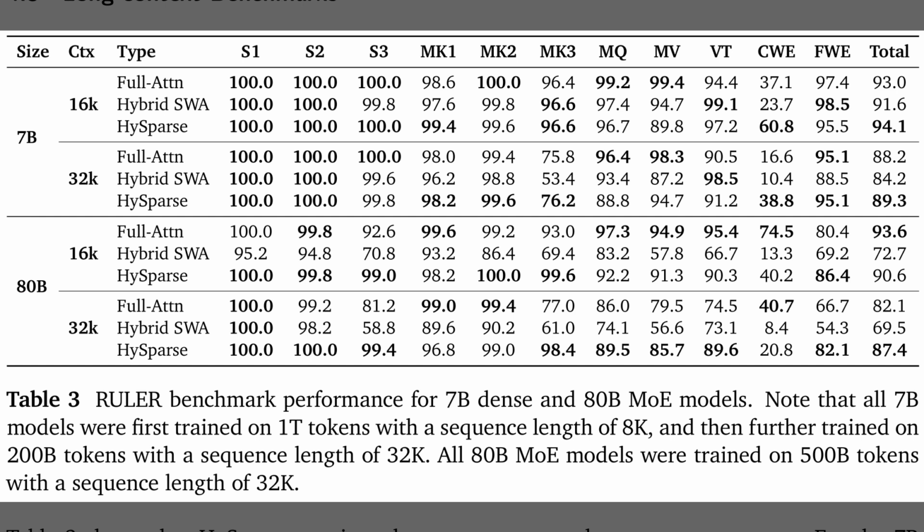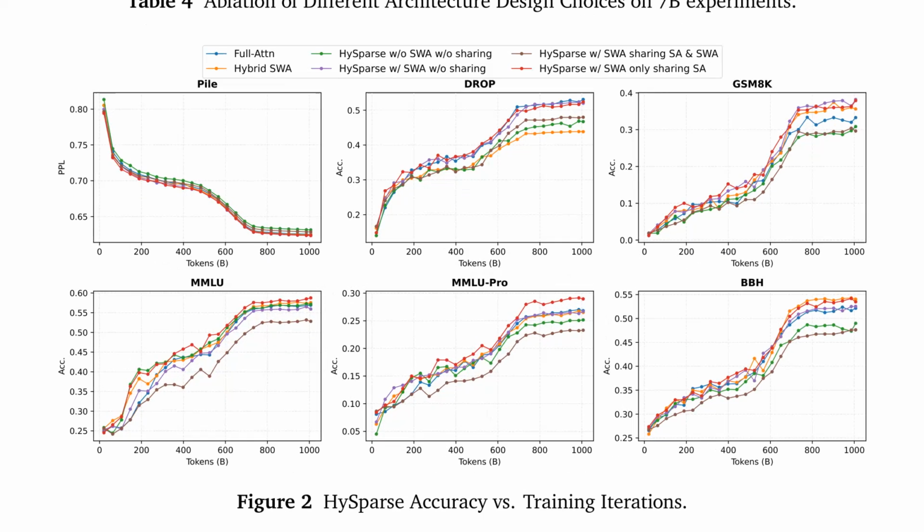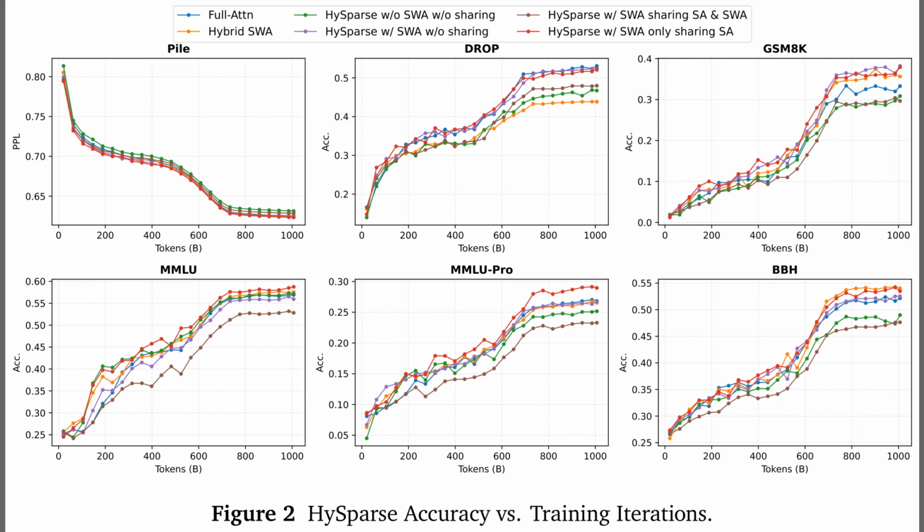Here, the standard hybrid sliding window attention baseline collapses to a score of roughly 70. HySparse, however, completely reverses this trend. Remarkably, at 32K context, it achieves a total score of 87.4, significantly outperforming even the full attention model score of 82.1.